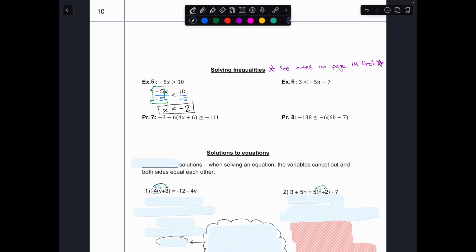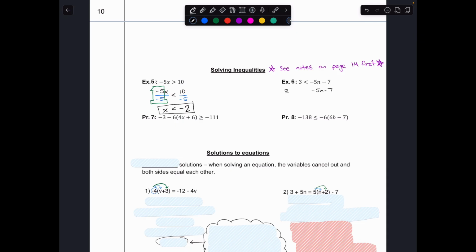All right, let's try example 6. So we're going to take the left side of this inequality, just a 3, and we'll take the right side, negative 5n minus 7. And if it were an equation, if 3 were to equal negative 5n minus 7, we would, according to the notes in the last video, want to add first. Let's add 7 to both sides. In fact, let me move this a little bit. There we go.